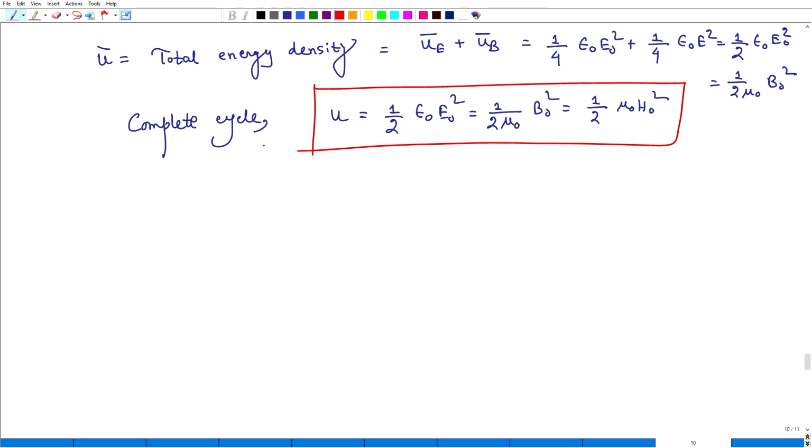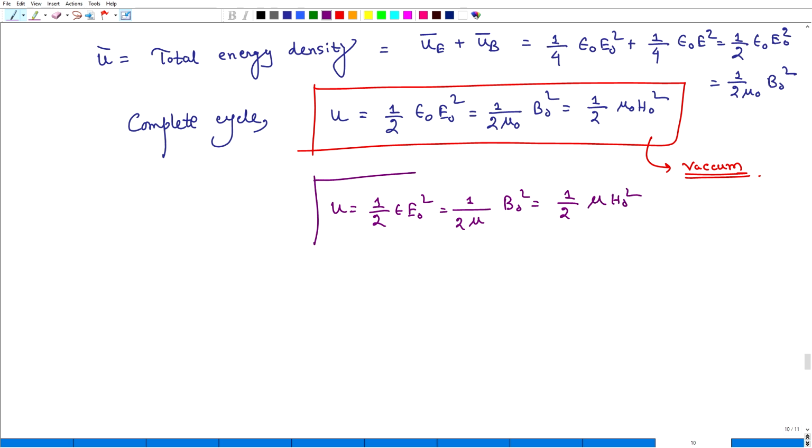This is the form of the energy density, and it is for vacuum or free space. In general, we can write U equal to half epsilon E naught square, or half B naught square by mu, or half mu H naught square. This is the general form. Okay, this is the definition of the energy density.